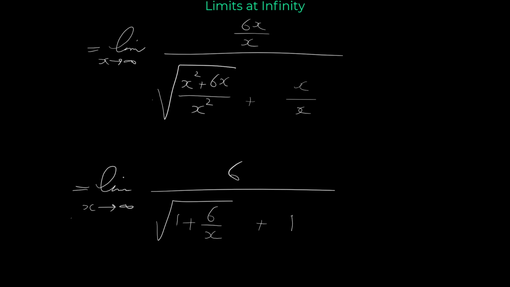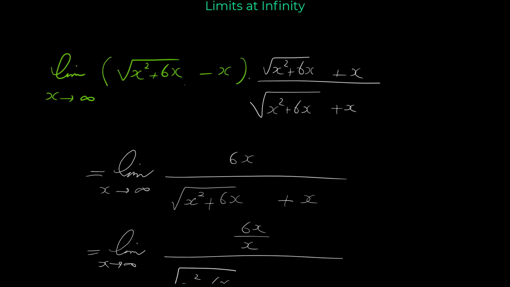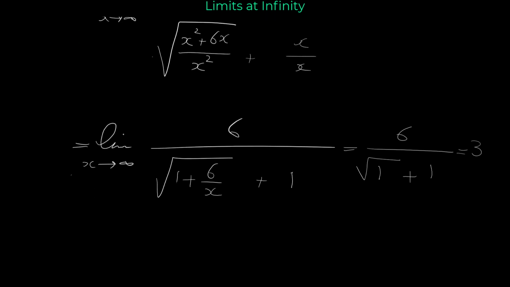And so, this limit equals 6 over radical 1 plus 1. Radical 1 is 1, plus 1 is 2. 6 over 2 is 3. So, the limit of radical x to the 2 plus 6x minus x when x approaches infinity equals 3.